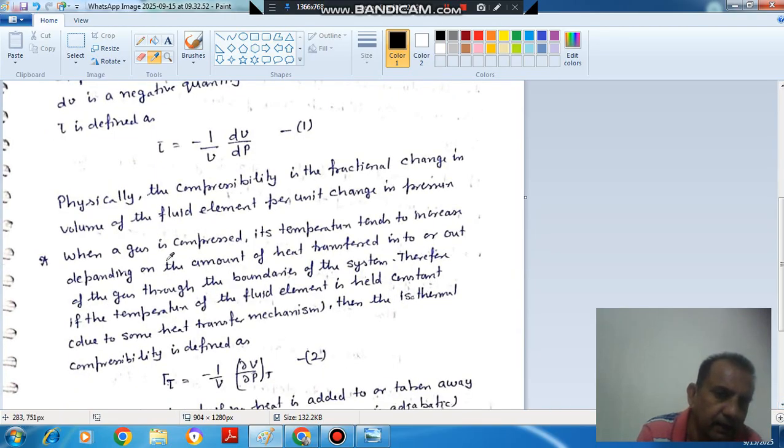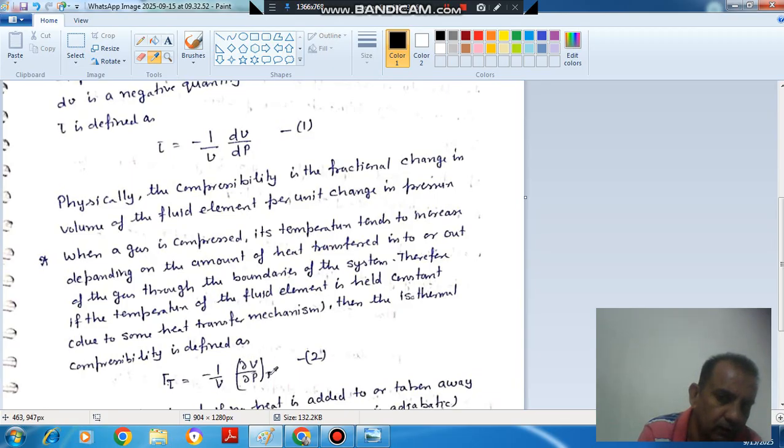When a gas is compressed, its temperature tends to increase depending on the amount of heat transferred into or out of the gas to the boundaries of the system. Therefore, if the temperature of the fluid is held constant due to some heat transfer mechanism, then the isothermal compressibility is defined as tau T equals minus 1 by V, curly V by curly P at constant temperature.